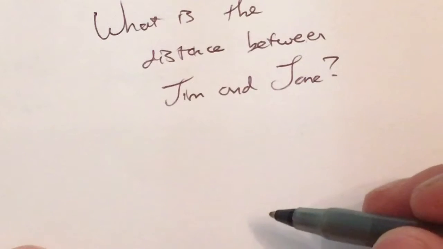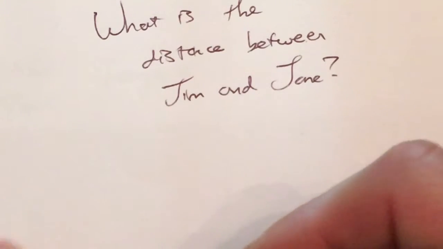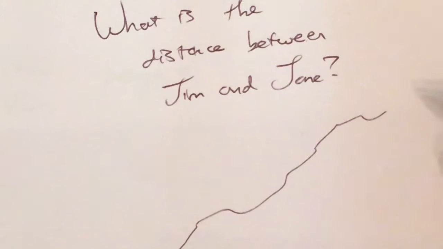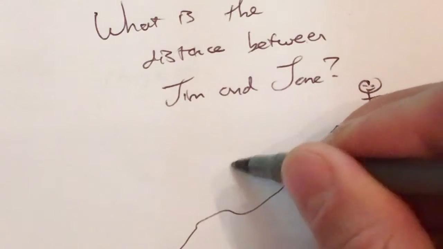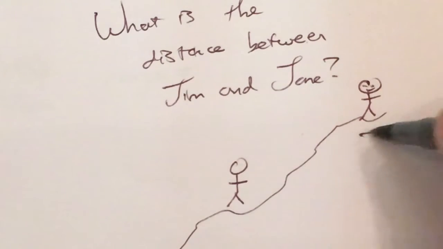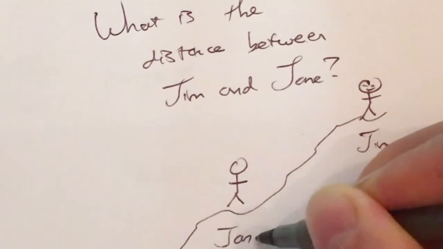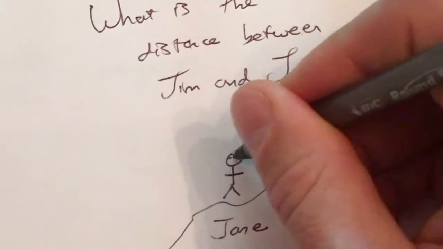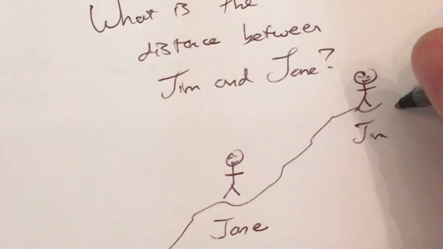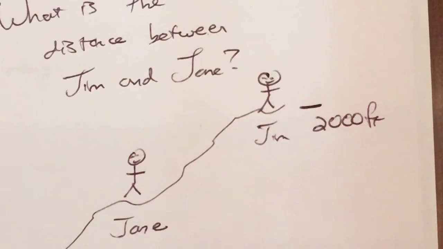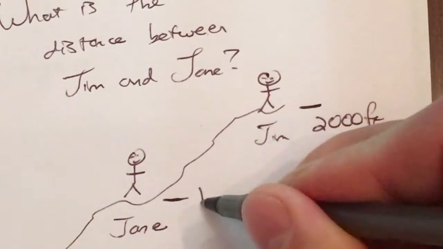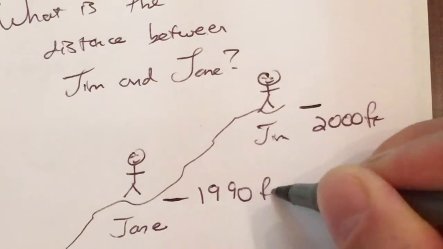And let's say that they're on a mountain or something, and that Jim is up here, and that Jane is over here. Jim, Jane, right? And let's say that Jim is at an elevation of 2,000 feet, and we'll say that Jane is at an elevation of 1,990 feet.